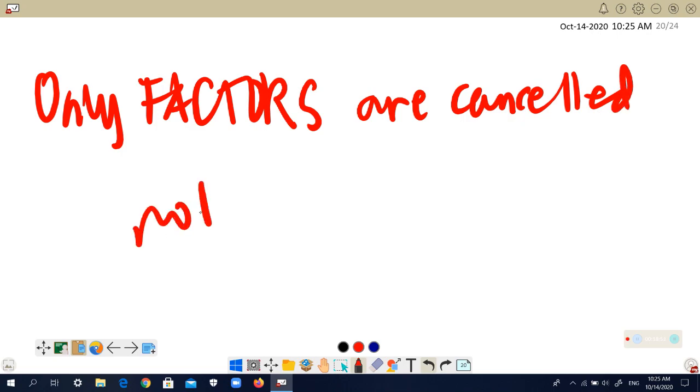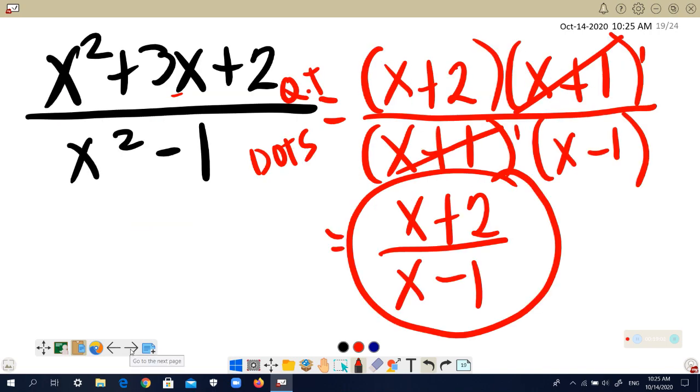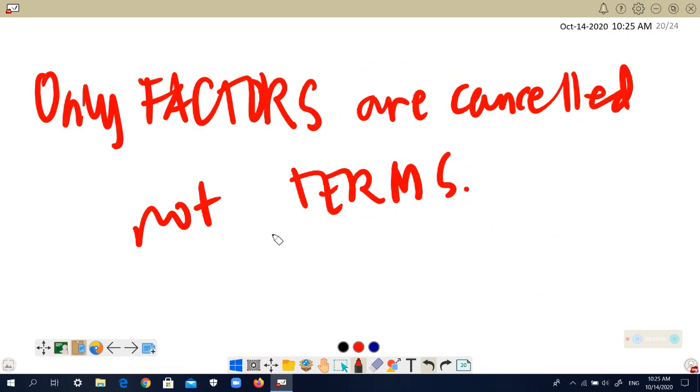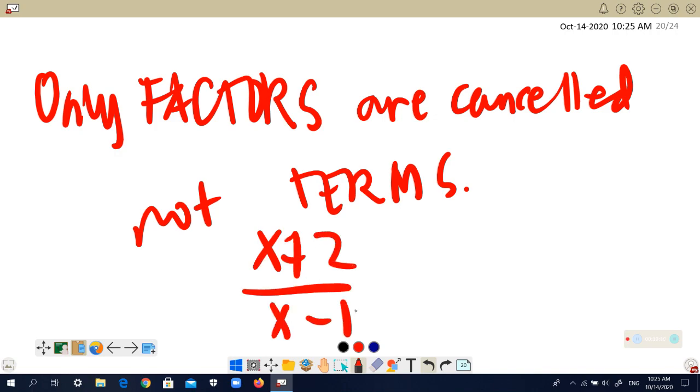Okay, sorry for the penmanship. Because in our previous answer, if you are going to recall, we have x plus 2 over x minus 1. The x plus 2 earlier is a binomial factor inside the parentheses, and so is x minus 1.